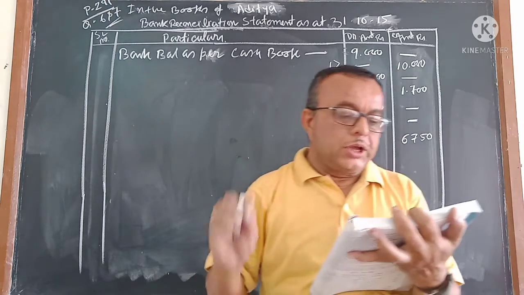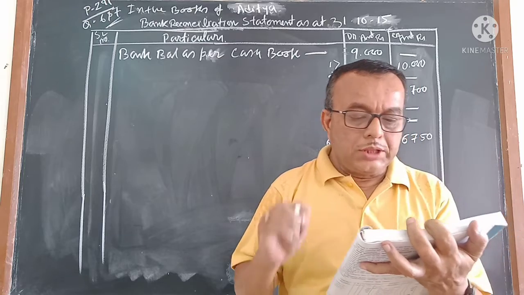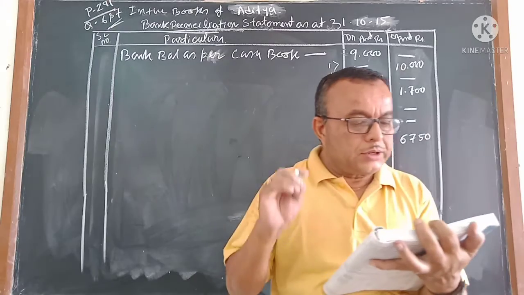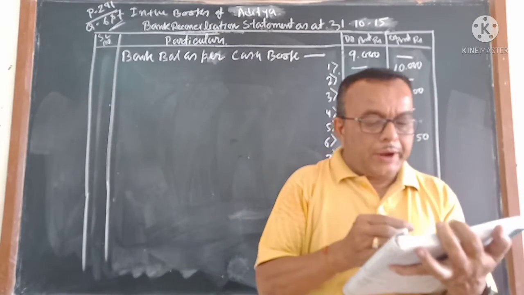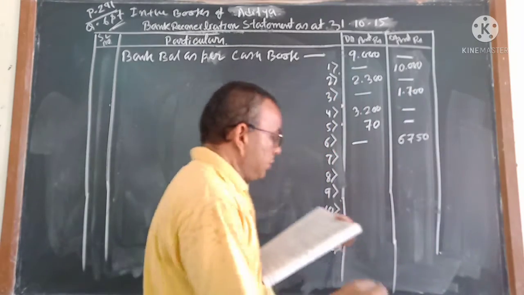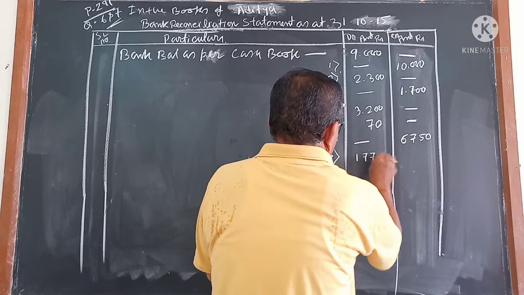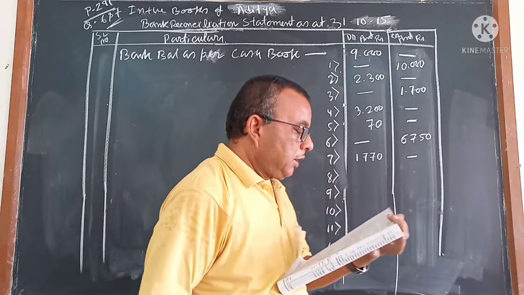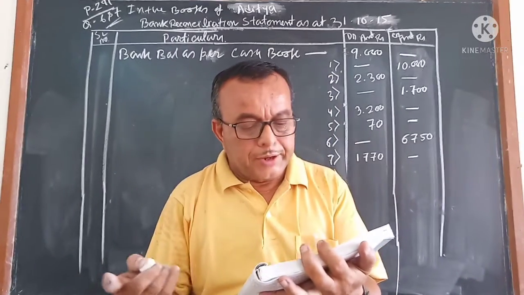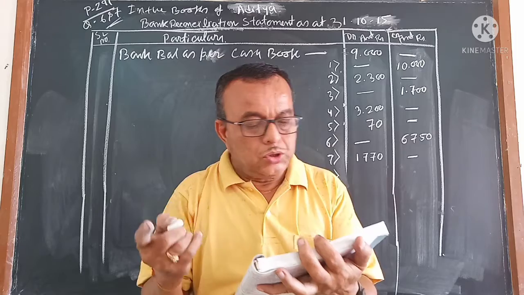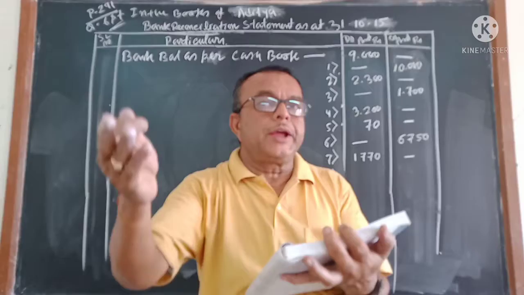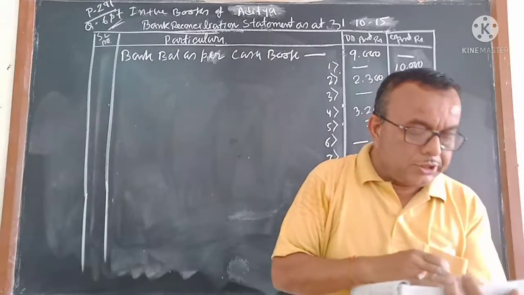When I drew the check, it was credited in the cash book, and out of that 1770 was presented. मतलब मैंने क्रेडिट किया, बैंक को डेबिट करना था, but the bank debited 1770 on 2nd of November मतलब not debited. 1770 बैंक डेबिट किया, लेट किया. 4780 credited but 1770 debited in the bank on 2nd of November. After the date, if it is recorded, we should consider it as not recorded.